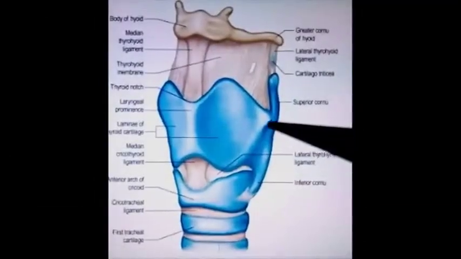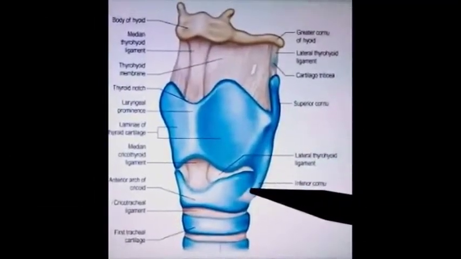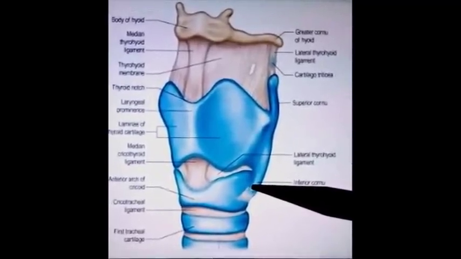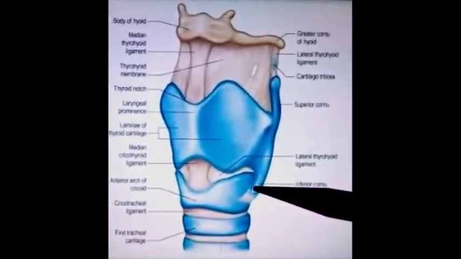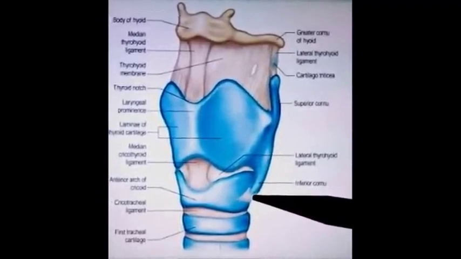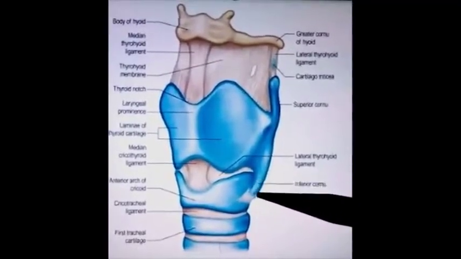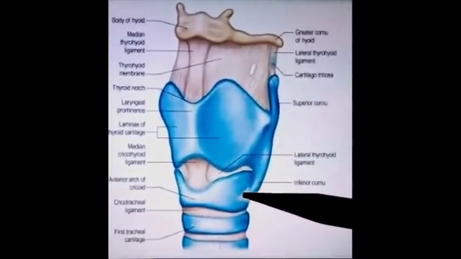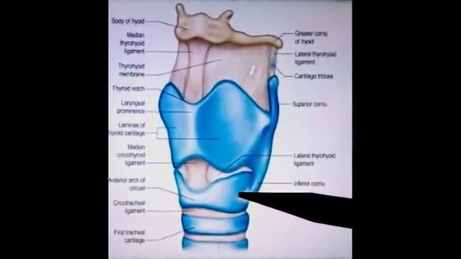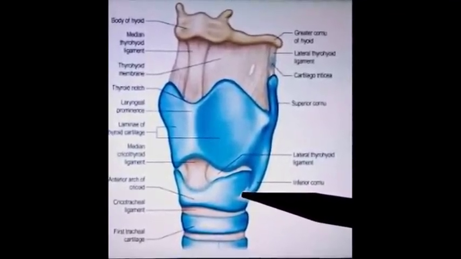First comes the cricothyroid joint. It is a synovial joint, formed between the inferior cornu of the thyroid cartilage and the lateral side of the cricoid cartilage.